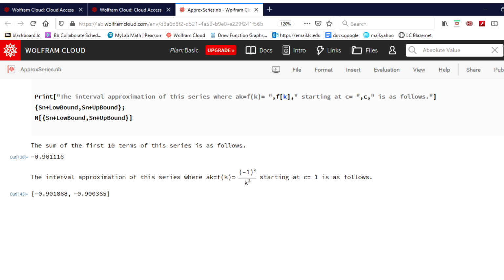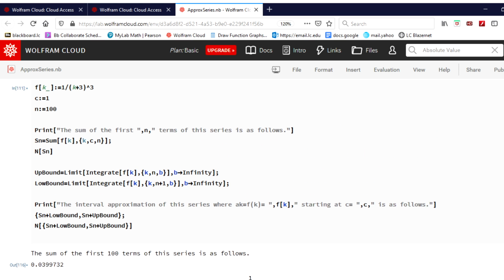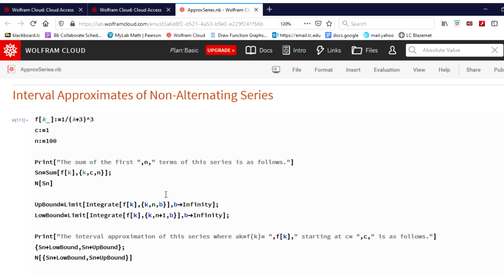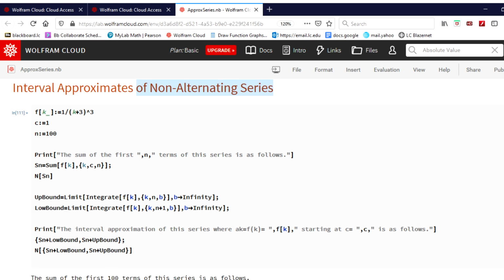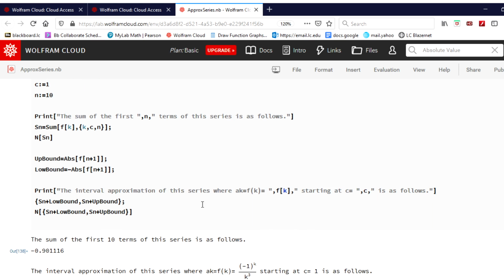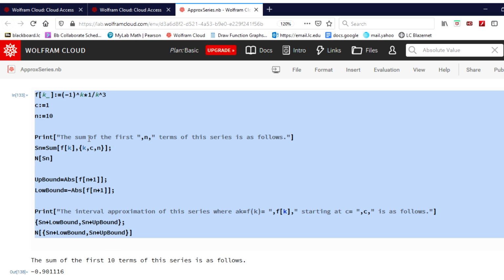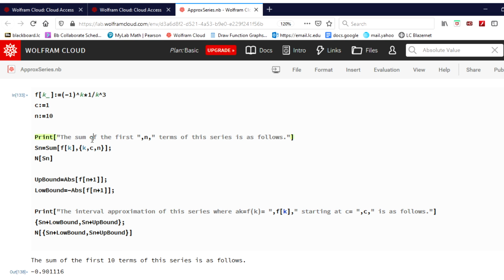So, folks, these two codes here, this code here and this code here, can be used to calculate those interval approximations in this first case for non-alternating convergent series, and in the second case, right, the case for an alternating convergent series. All right?